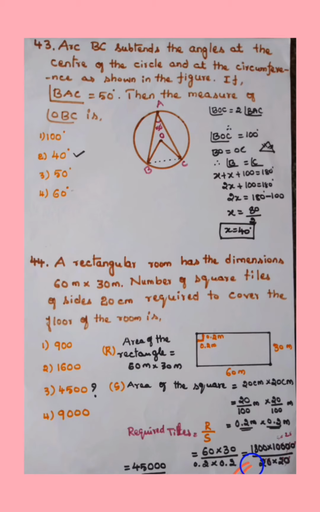On solving this we get 45,000. Actually 45,000 is not given in the options, but I think one zero is left out here. If at all the option with the extra zero is given, that is the answer for the 44th question. Cleared?